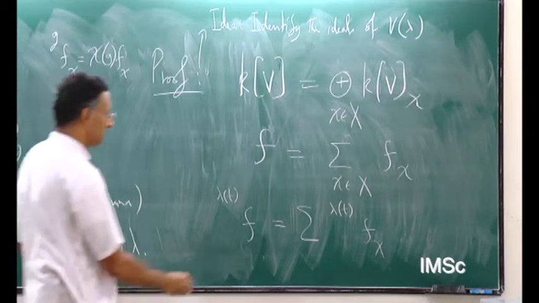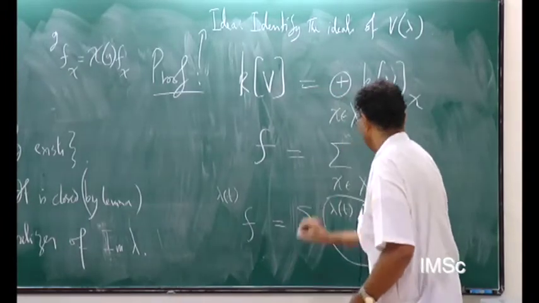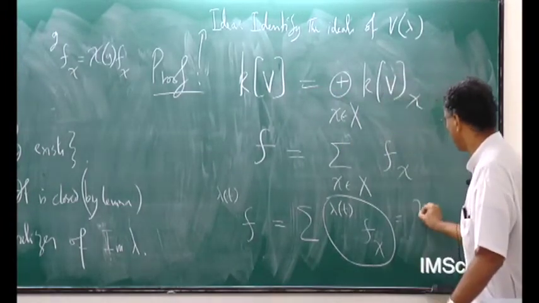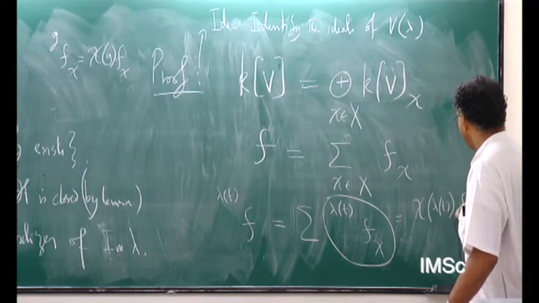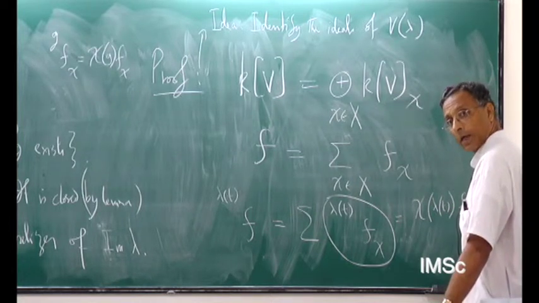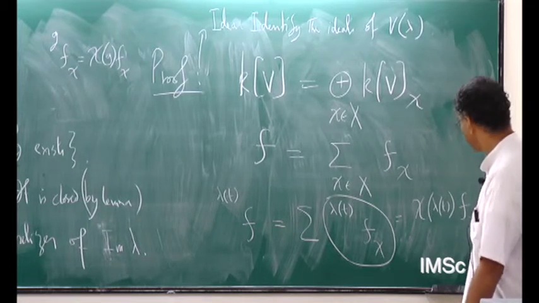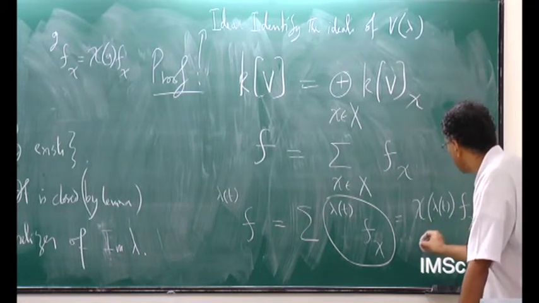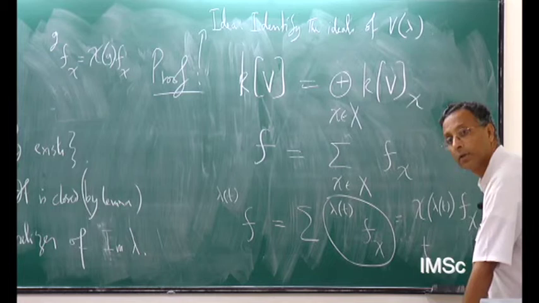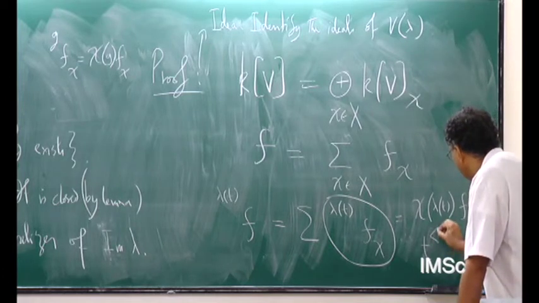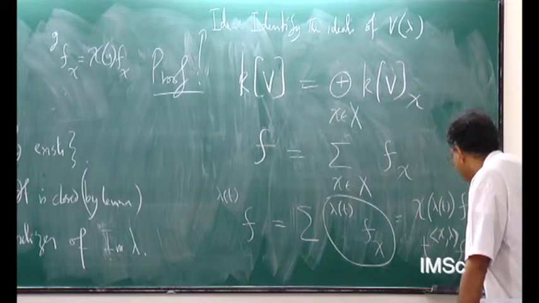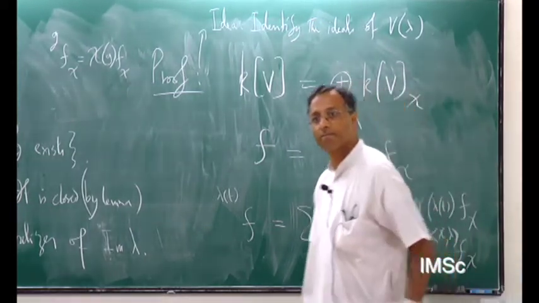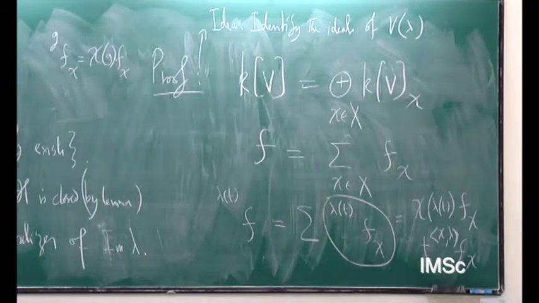So this is the same as chi of lambda of T times f chi, right? But what is this? In other words, it's T to the chi of lambda, times f chi. Correct?